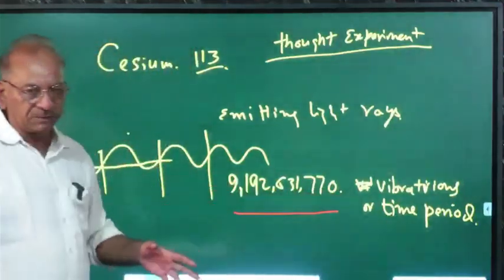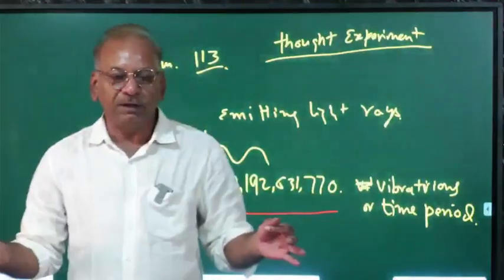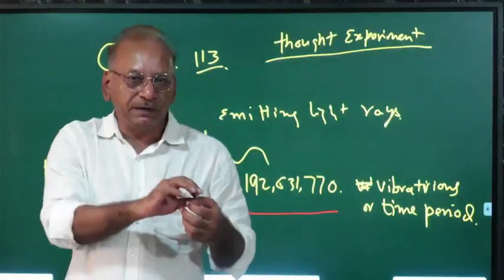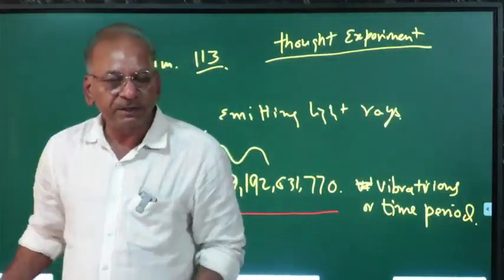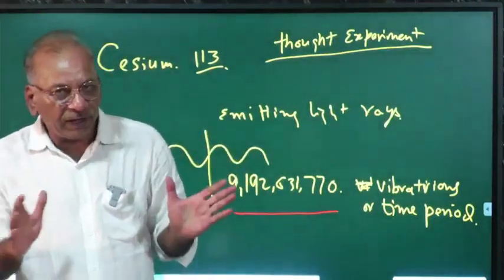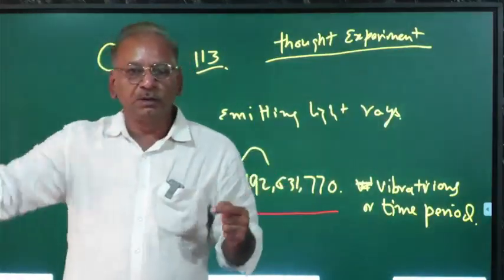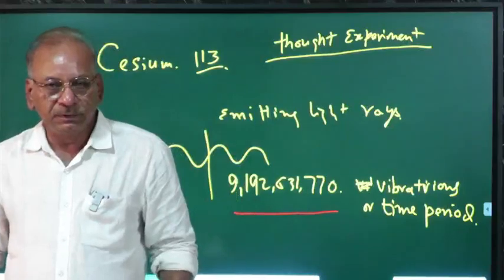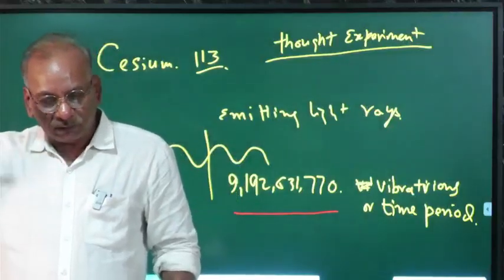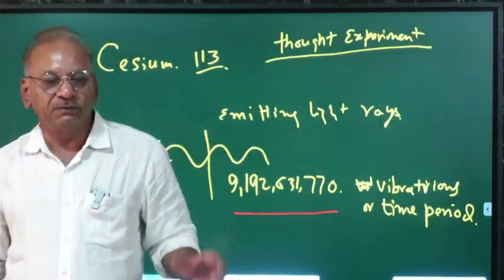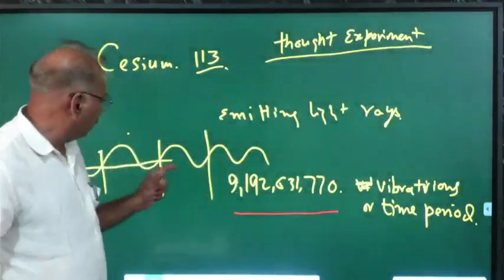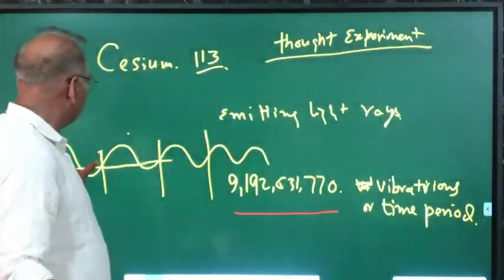But in the thought experiment, suppose you have a cesium atom and a light ray is being emitted from it, and we are able to count the number of vibrations of the light rays, and one time period we are able to count.